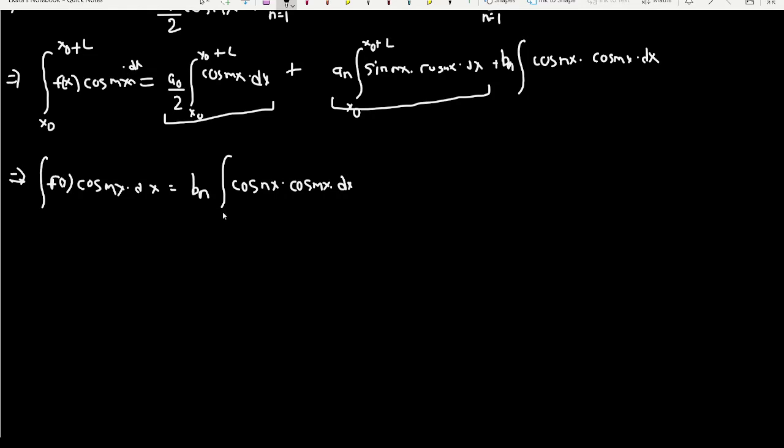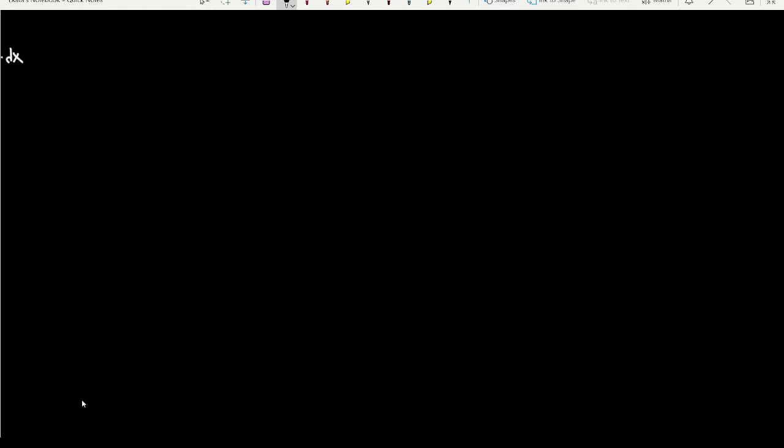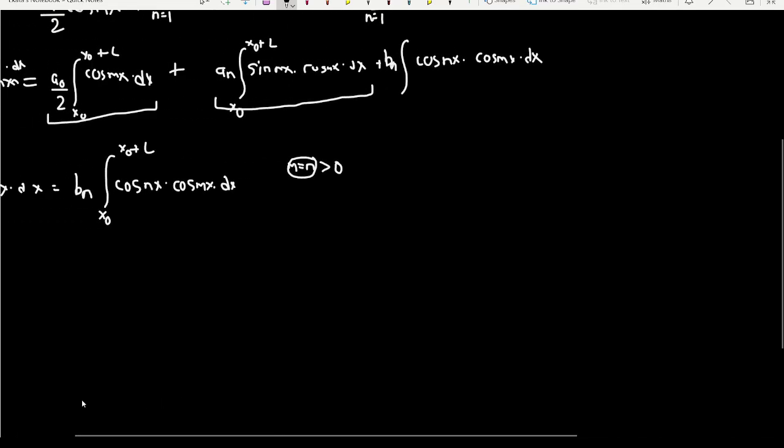This integral is from x naught to x naught plus L, and you will evaluate this integral where we assume that m is equal to n and it is greater than 0. Then this particular integral becomes L by 2.